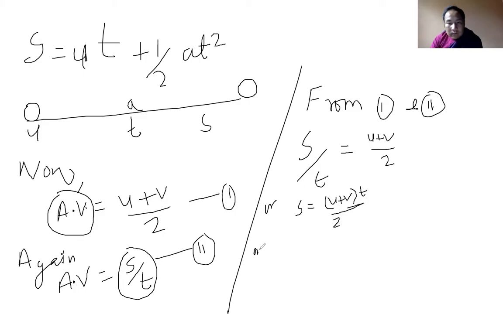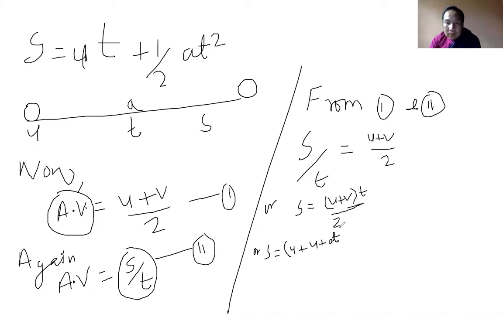Now s equal to u plus... here you can say v, but when you go to the question, there is nowhere v. That means this v is not necessary for us. As we proved before, v equal to u plus at. That's why in place of v, you will write u plus at.